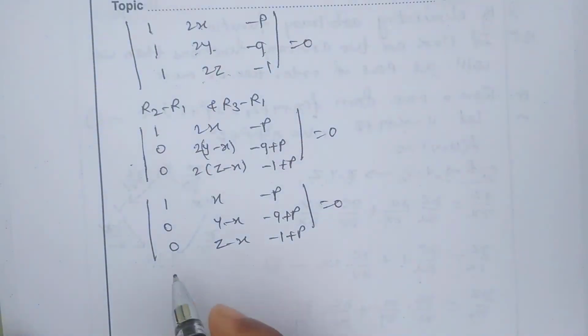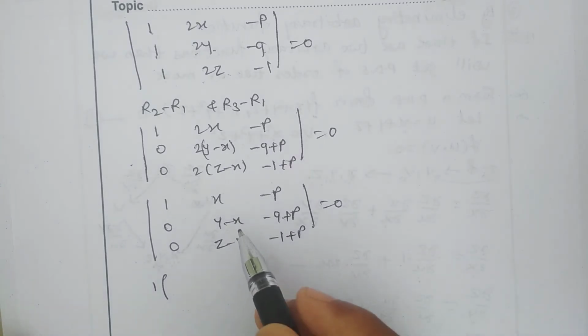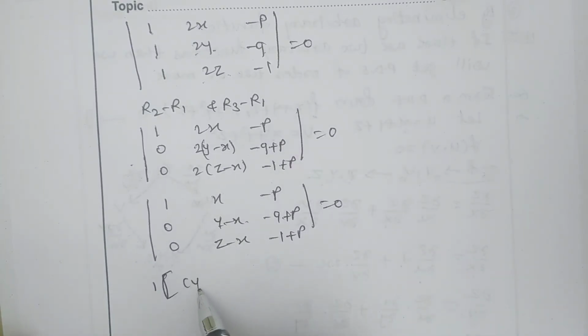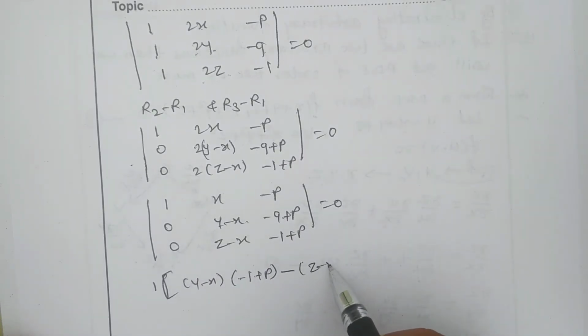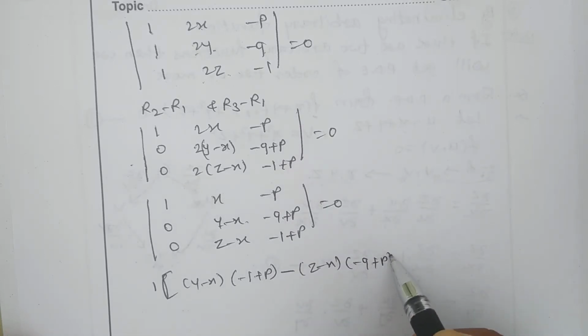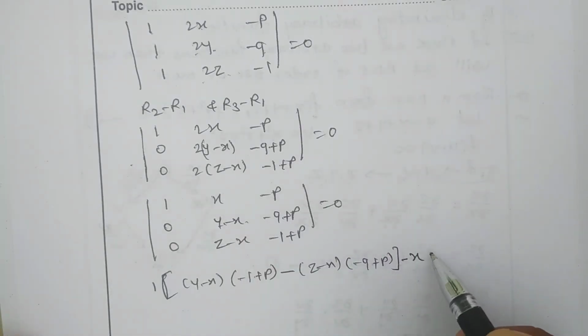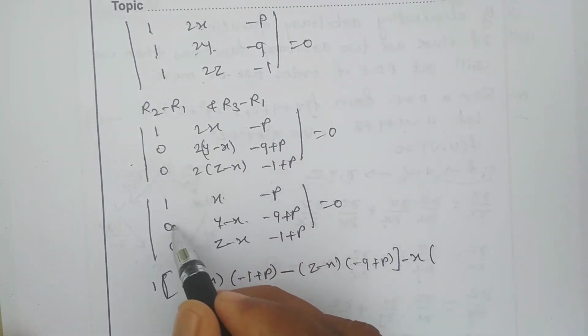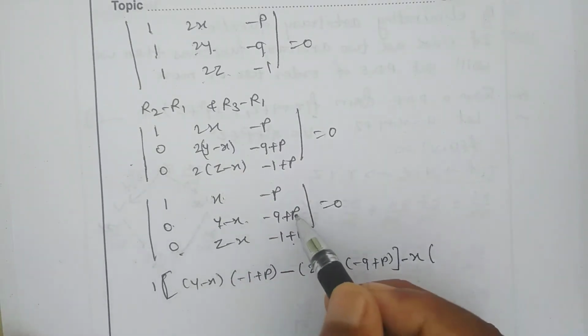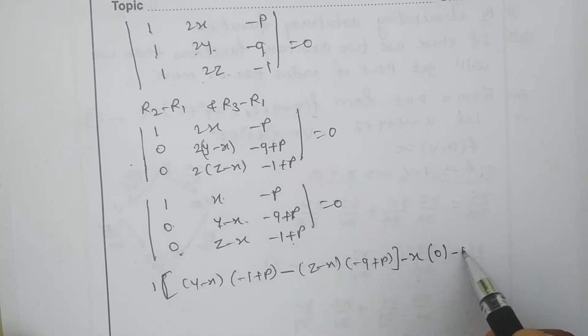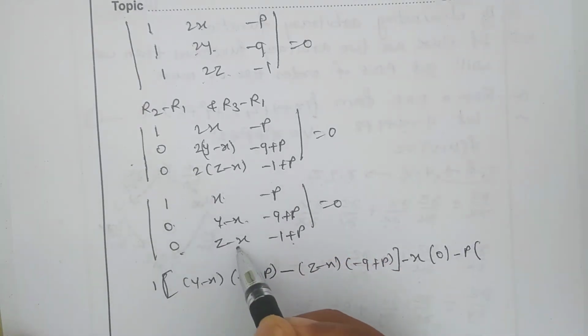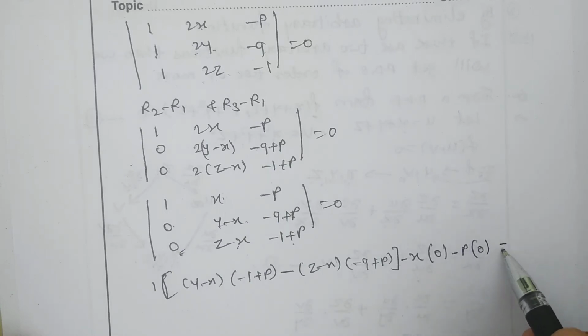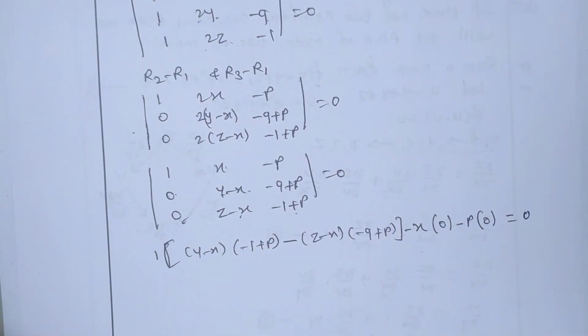Now solving this determinant: 1 into (y minus x) into (minus 1 plus p), minus (z minus x) into (minus q plus p), minus x into 0 into this, that is 0, minus 0 into this, 0, minus p, 0 into this minus 0 into this, that is 0, equals the right-hand side, that is 0. So this term will be 0, this term will be 0.